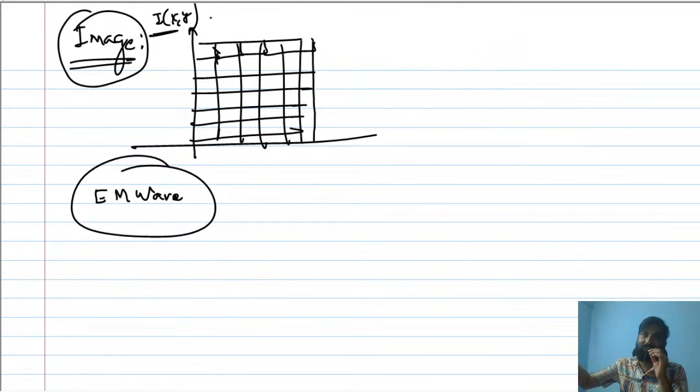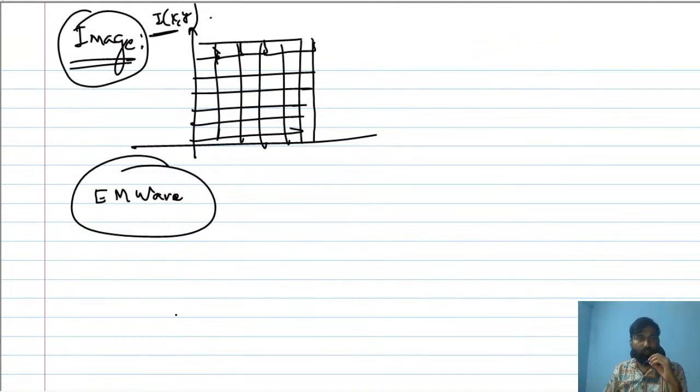You send some signal, you get some response in the form of words, text, speech, video. If there is no variation, if it is constant, you can't say that is a signal. Keep that in mind.